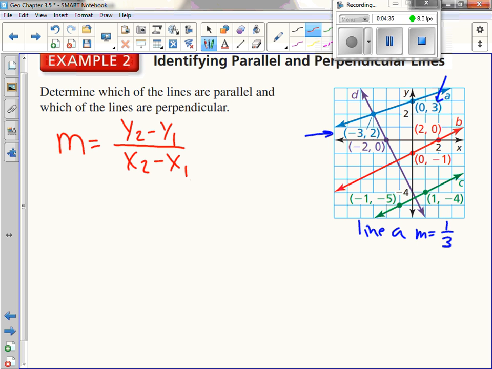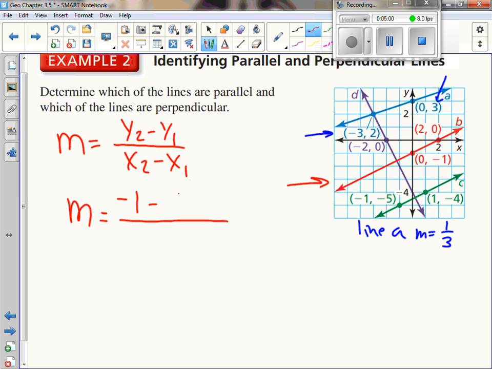Okay. Let's look at the red line next. For the red line, we have the points 0, -1, and 2, 0. So what are our two y values? Well, the two y values are 0 and -1, yes? So I plug them in.